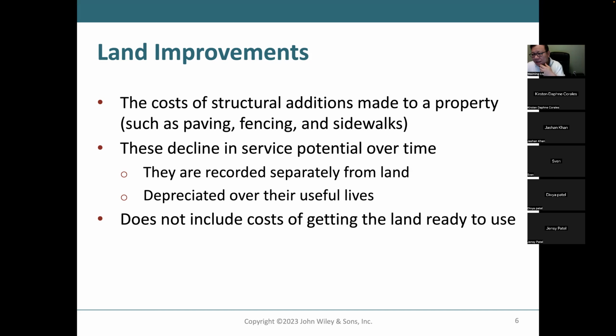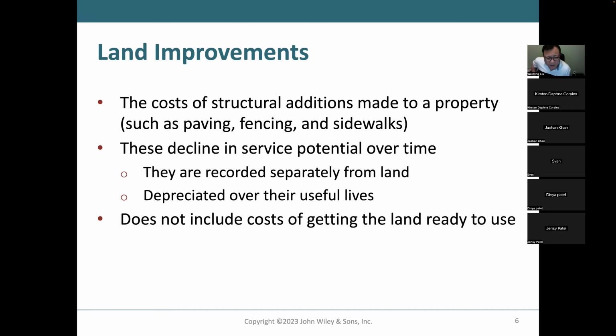For example, with fencing you are protecting that piece of land from other creatures or people getting in. And with sidewalks, you make sure you are not walking in the mud on a rainy day. You have concrete, so you can always walk on the sidewalks.